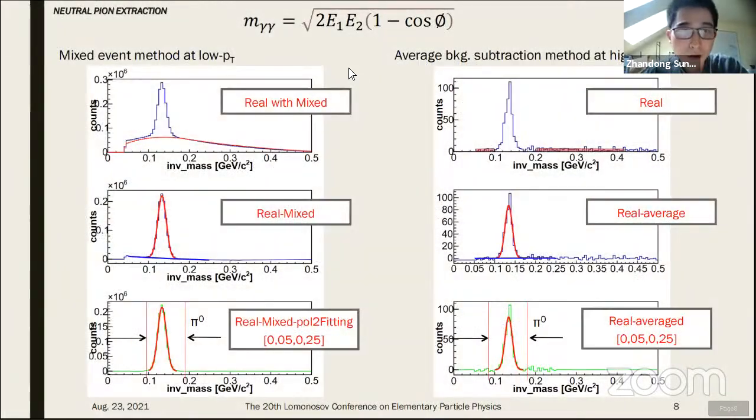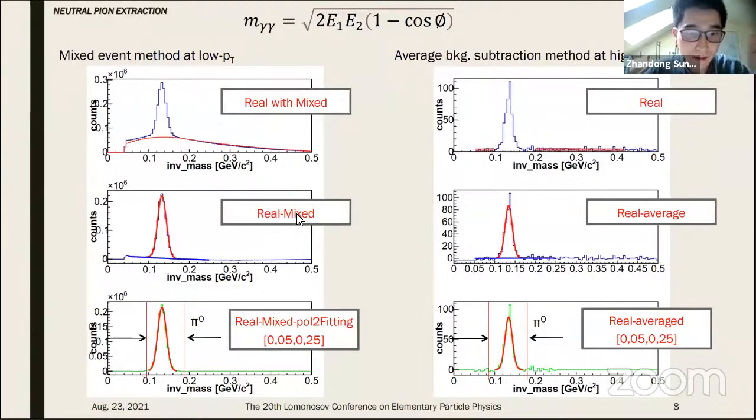Okay, after knowing what to do, now to study photons, first we have to eliminate the decay photons as a background. And the major source of decay photons is pi0. Using the reconstructed invariant mass, we extracted pi0s. At low pT, the mixed event method is used.